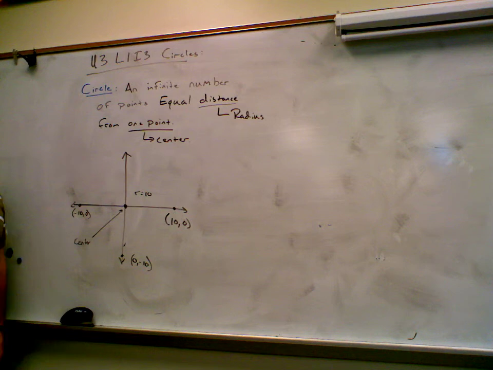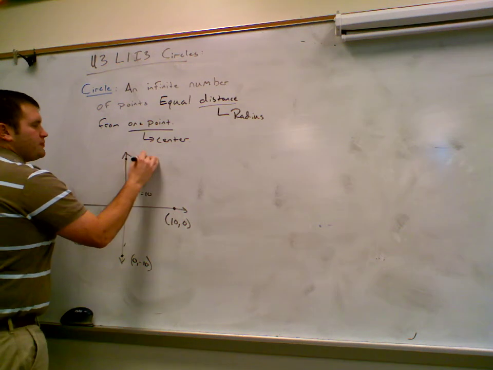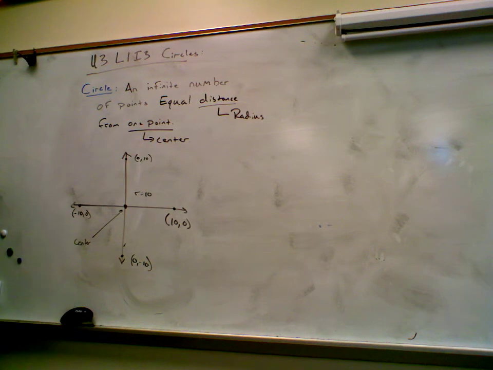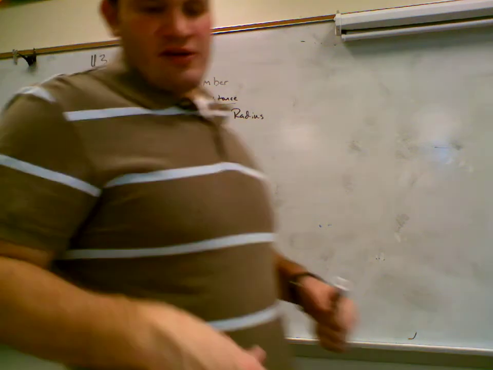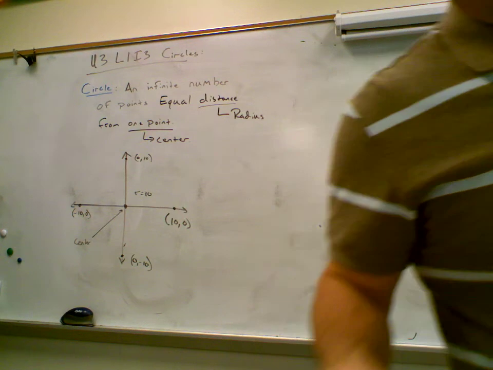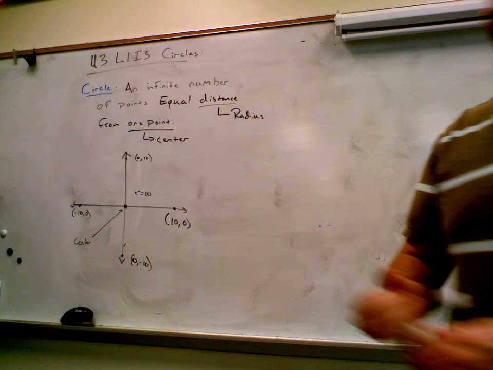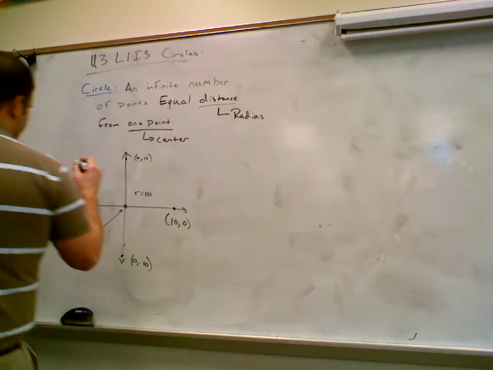What else? 0, 10. Because all these points are how many units away from our center? 10. They all have a distance of 10 from the center. Does that make sense? Now, are those the only points on the circle that we can figure out? No. There's an infinite number, aren't there? There's infinitely many points.